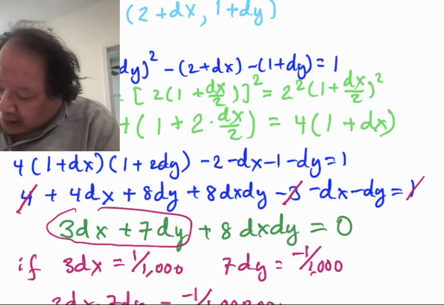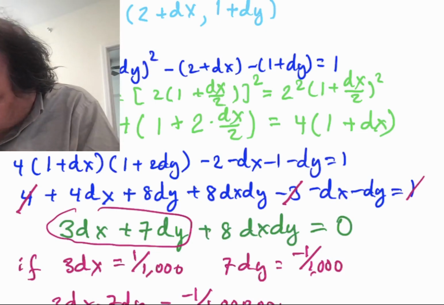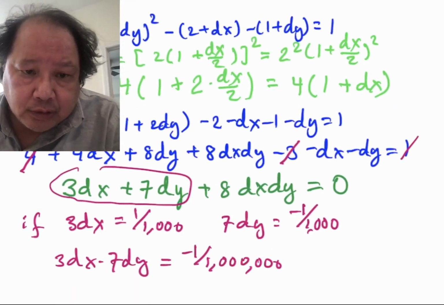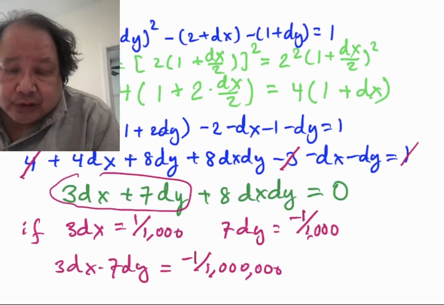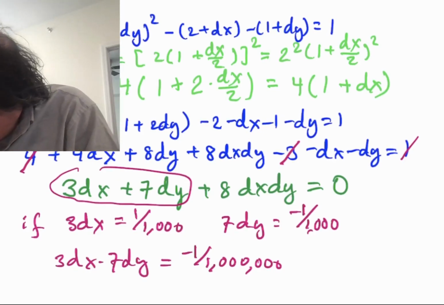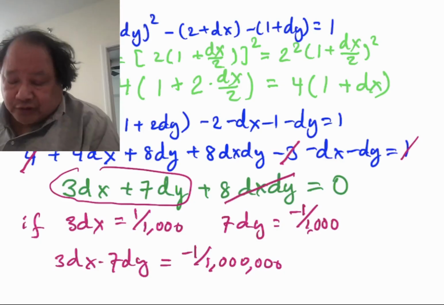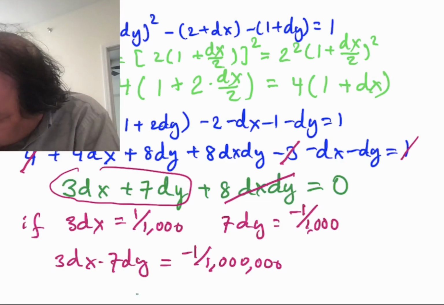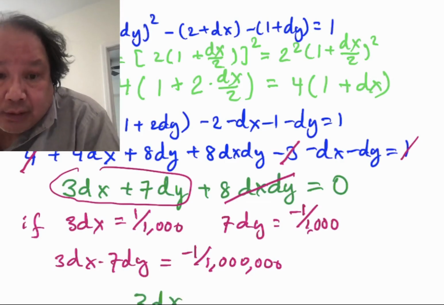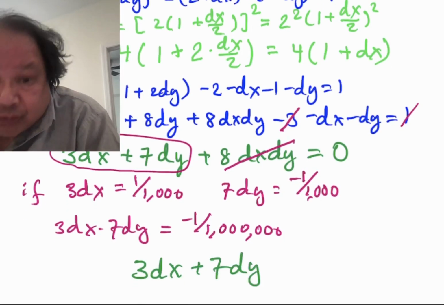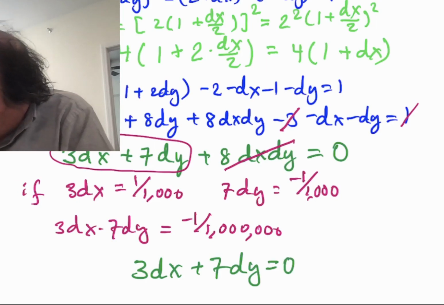So the dx times dy term is 1,000 times smaller than the other terms, so we can ignore it. We can just cancel out this term, and we end up with a very nice expression, 3 dx plus 7 dy equals 0.